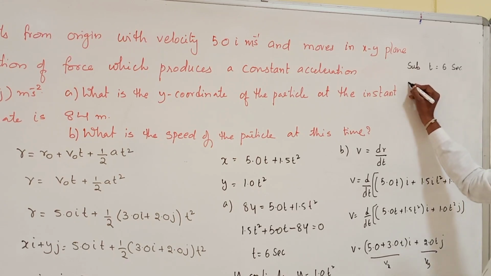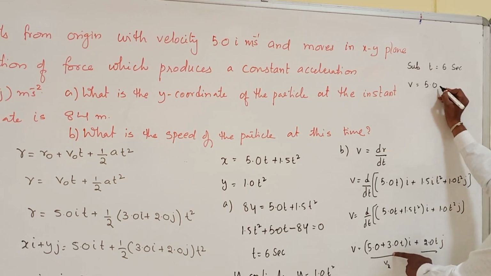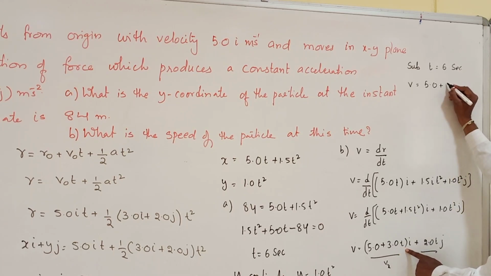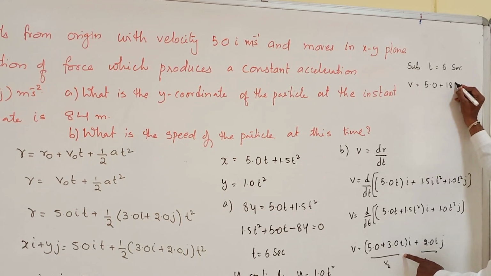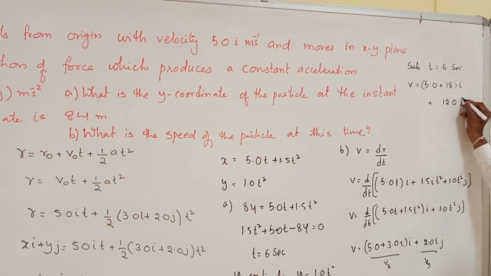Now what will you get? V is equal to 5.0 plus 3.0 into 6, that is 18, i plus 12.0 j.